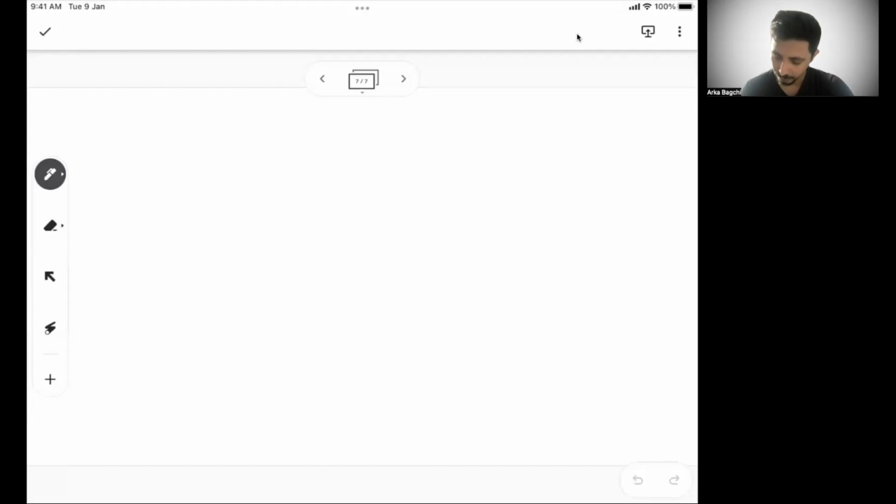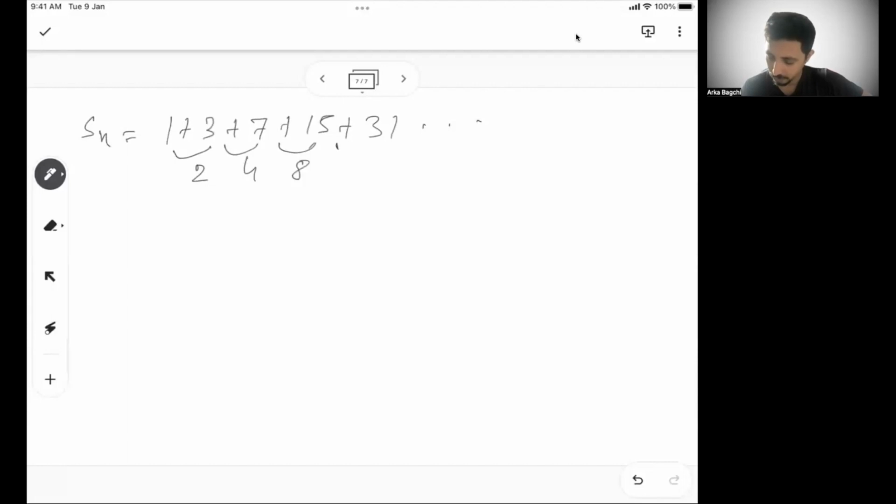Now let's say there is a sum where you need to find out 1, 3, 7, 15, 31, and so on. Okay. Now, you can see the gap here is 2, 4, 8, 16.